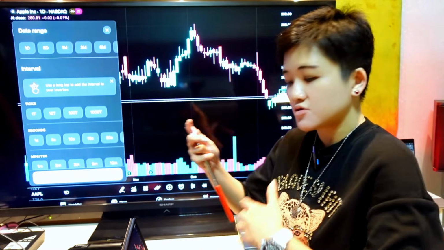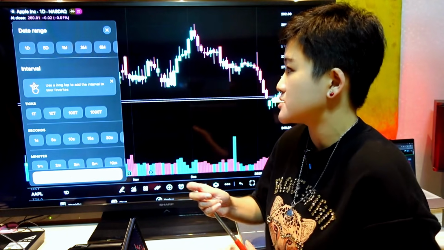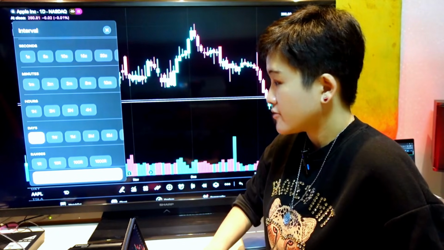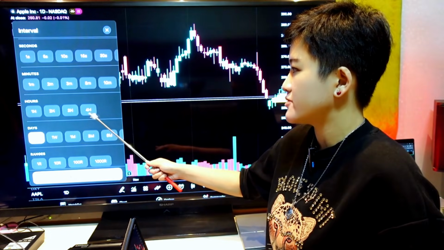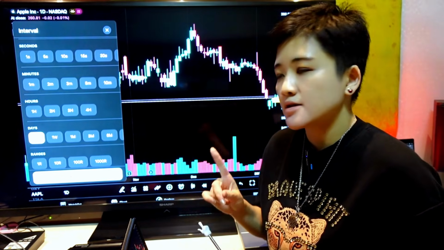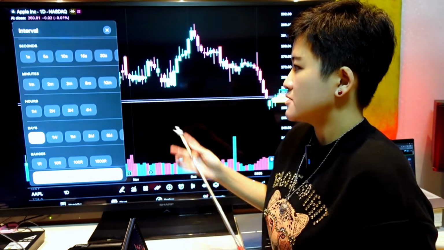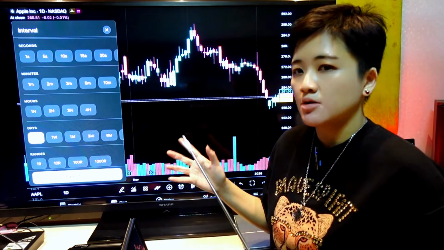But if you change to a different time frame, now this is what we call time frames. Let's say you change to 4H, okay? 4H over here means one candle takes 4 hours to form. 3H means it takes 3 hours to form.